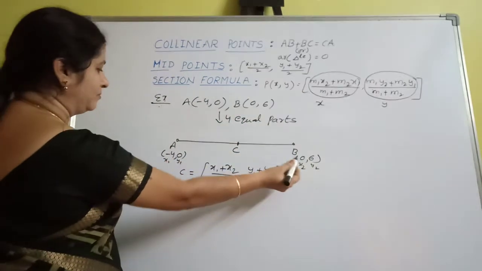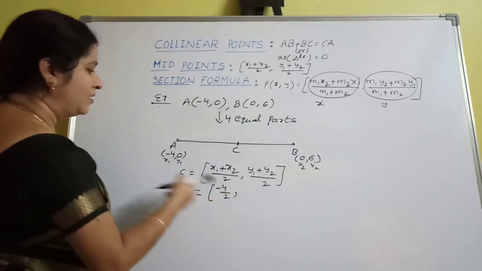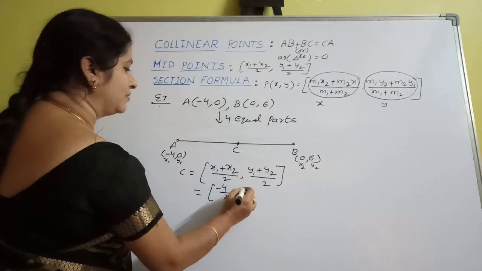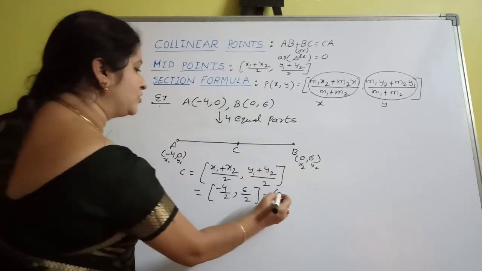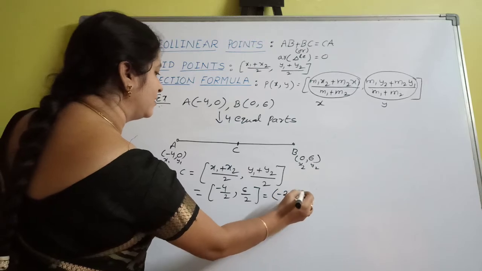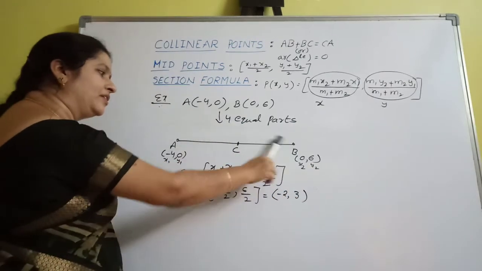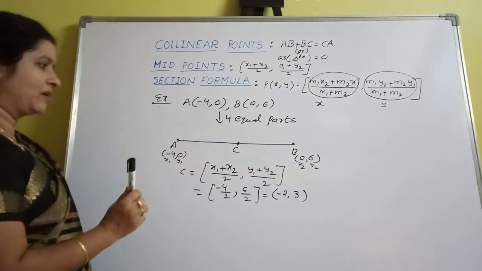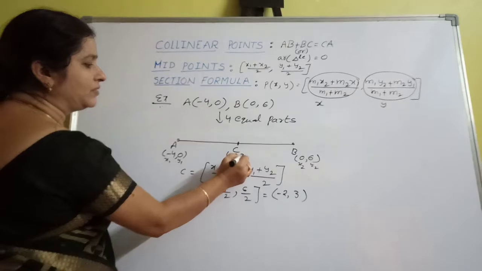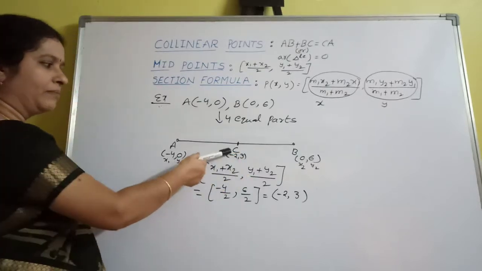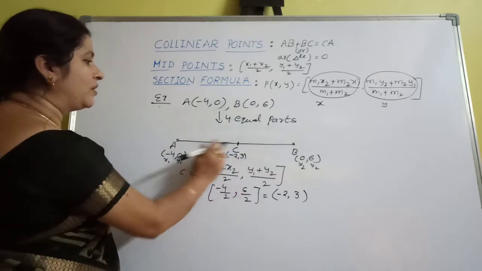So (-4 plus 0) by 2, (0 plus 6) by 2. So what is the answer? (-2, 3). The point (-2, 3) divides the line segment into 2 equal parts.